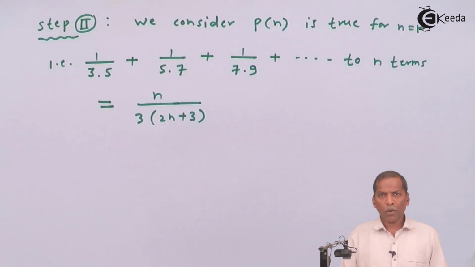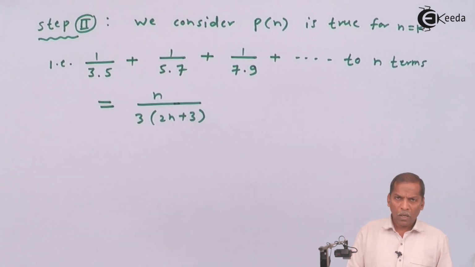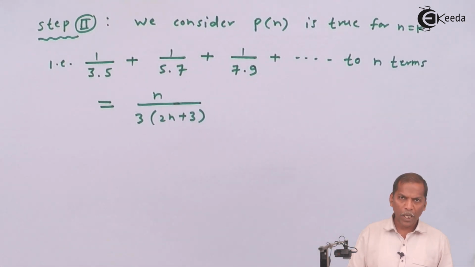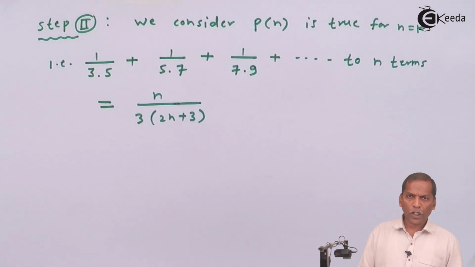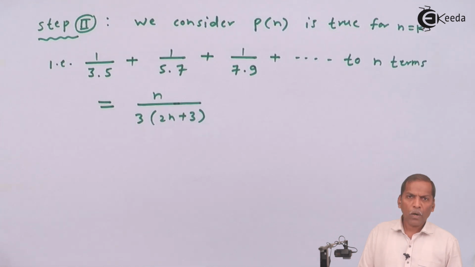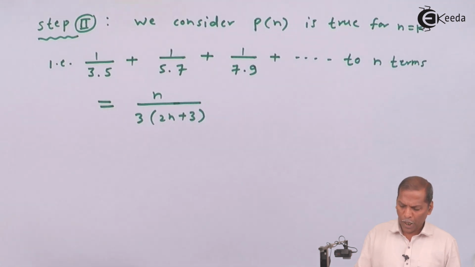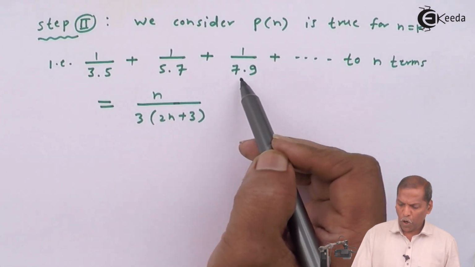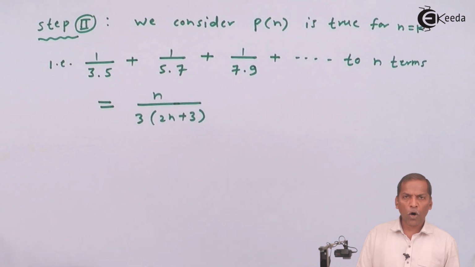Now in this case we have to put n equal to k, but the problem is that we don't know the last term, that is the nth term. So first of all we find the nth term here. Now we observe the numbers present in the denominator at the first position, that is respectively 3, 5, 7. If you observe, these numbers form an AP since the common difference is constant.